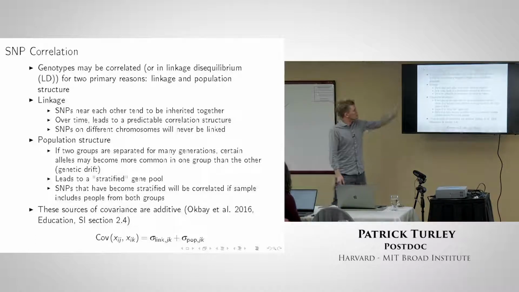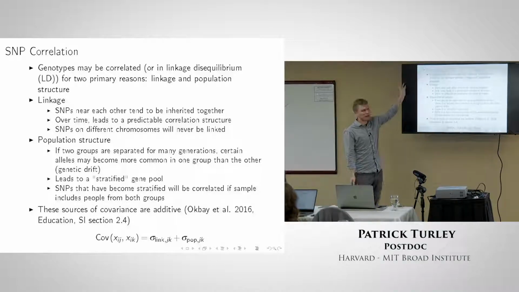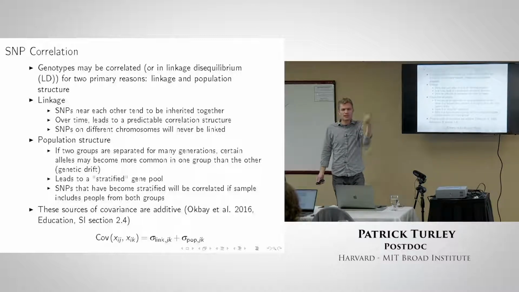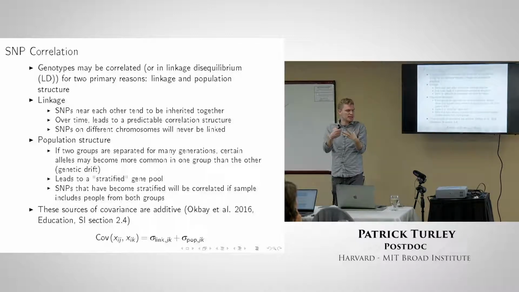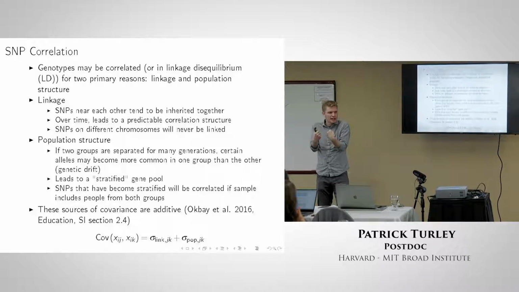Okay, great. So I told you that SNPs can be correlated, but they can be correlated for a bunch of different reasons. I'm going to talk about two primary reasons. One is linkage, and the other one is population structure. Linkage we've talked about a bunch. We have SNPs that are inherited together when they're on the same chromosome. Because they're inherited together, they tend to be correlated with each other, because if you get one, it comes with the other, unless there's a recombination event between them.